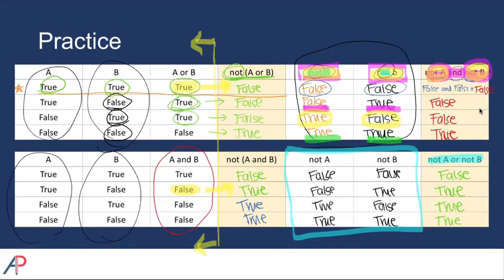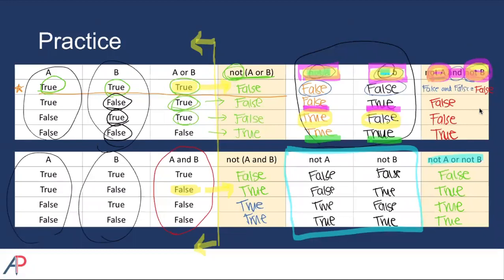Perfect. All right. So the reason why we did this is because of a very special rule, a very special law called DeMorgan's Law. DeMorgan's Law is very specific. It's talking about the inversion of certain conditions, specifically conditions with and and or.